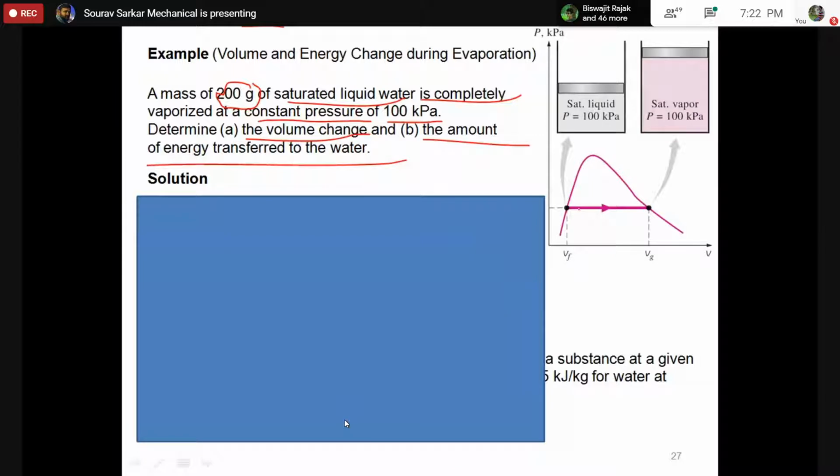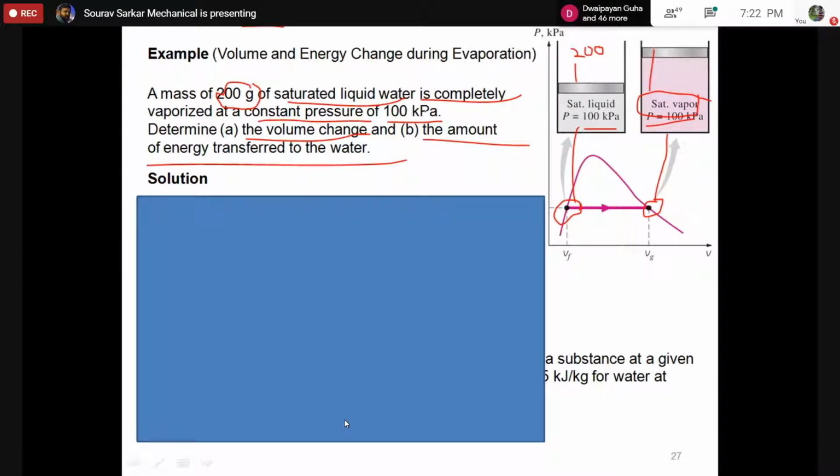So you are at this point. This point corresponds to 100 kPa and saturated liquid, and the mass is 200. And this point corresponds to 100 kPa but completely saturated vapor, but the mass remains the same.